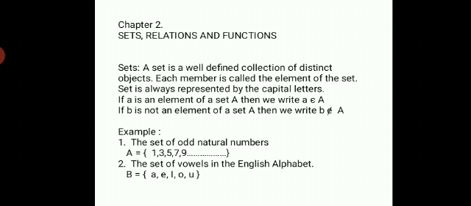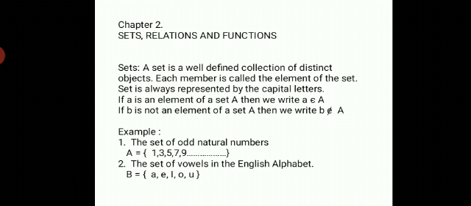If a is an element of a set A, then we write a belongs to A. If b is not an element of a set A, then we write b does not belong to A. Here belongs to is denoted by the symbol epsilon, and does not belong to symbol is epsilon with a cross mark on it.